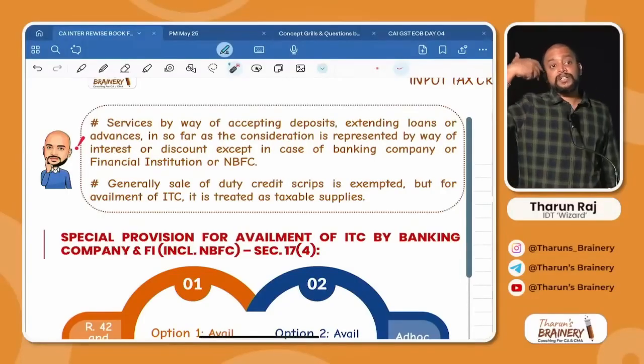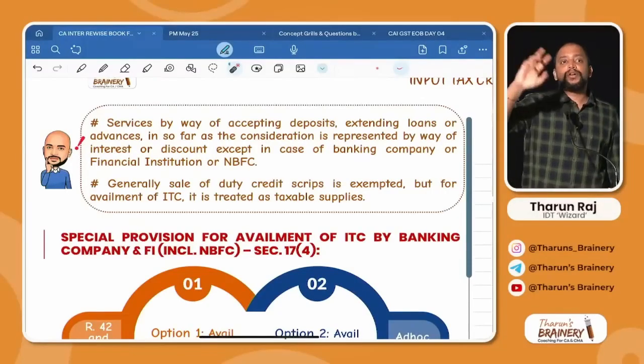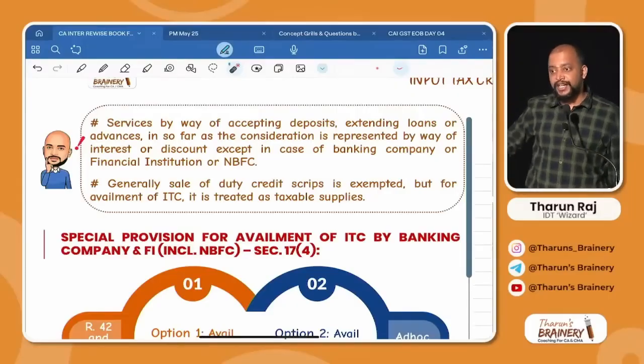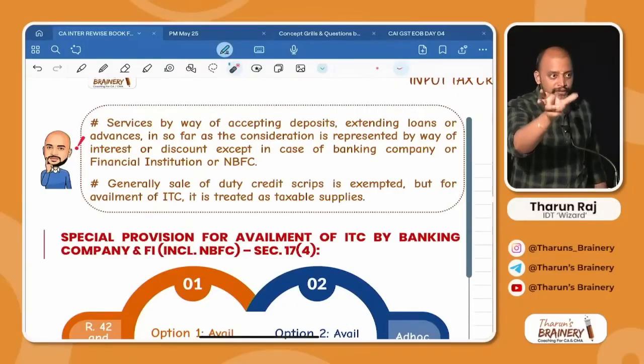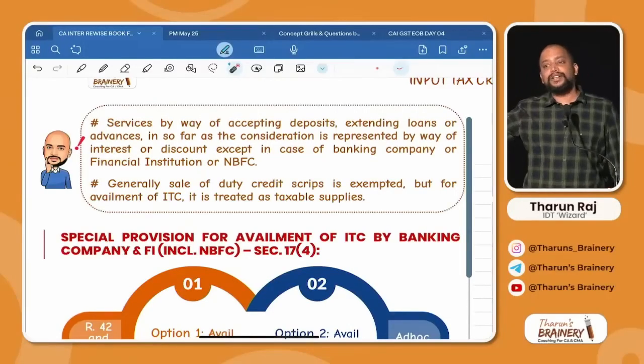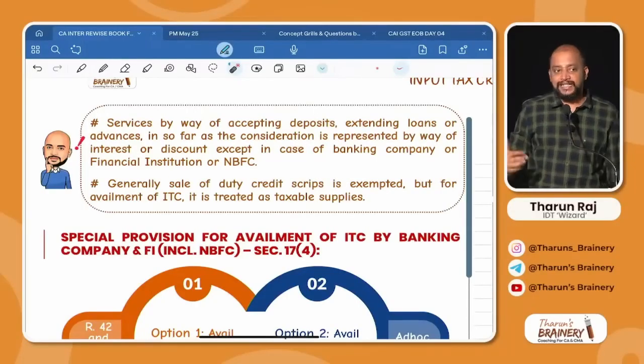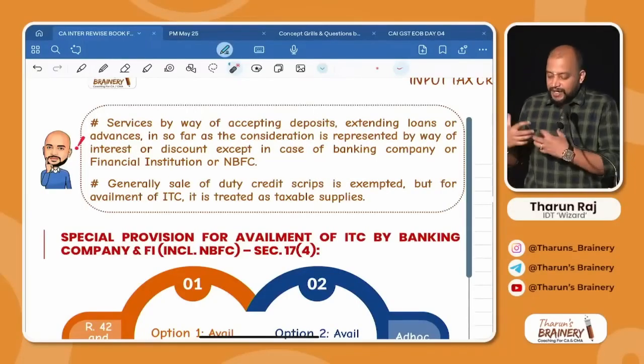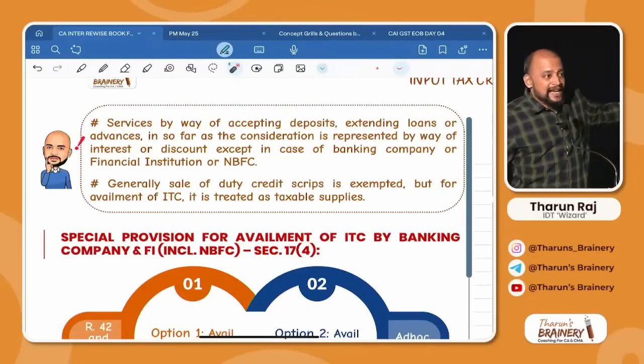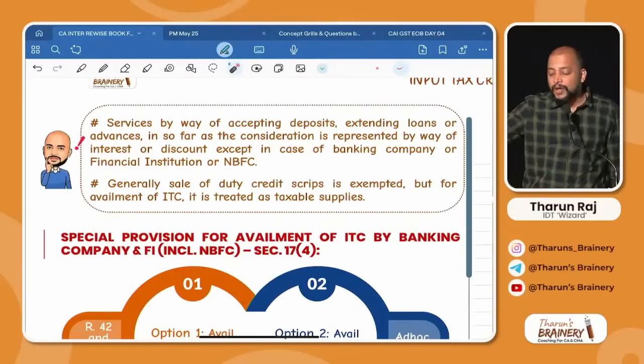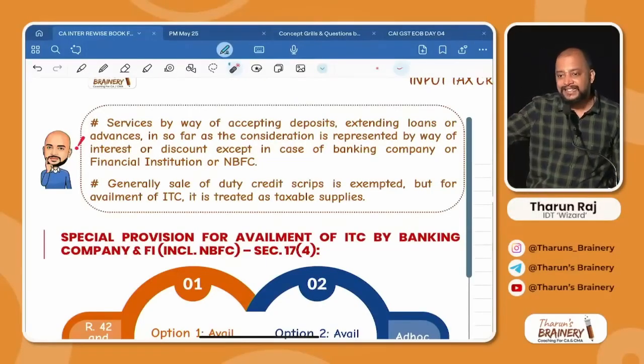Even though it is exempted for payment of GST, while doing the computation of ITC, don't put it under exempted turnover, put it under taxable turnover, so you can enjoy the ITC. Is it clear or not? When my outward supply is taxable, I can take ITC on my inward supply. What is my outward supply? Interest income.